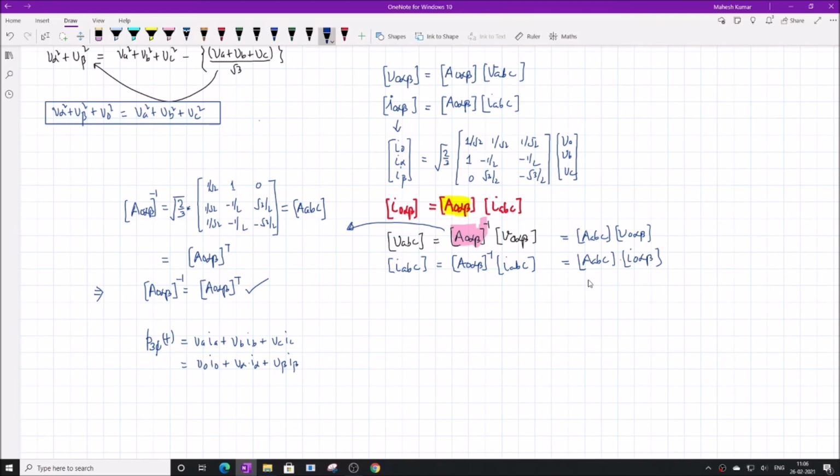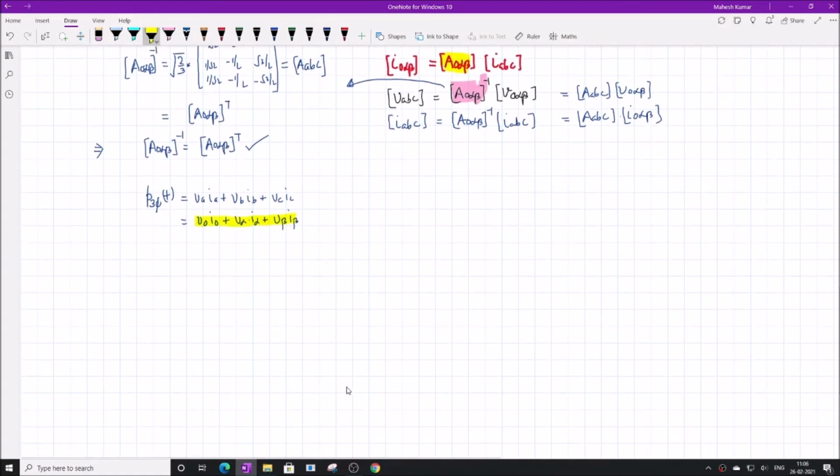Okay, so if I take alpha beta, if I take this expression, I want to prove back that this is equal to VA into IA plus VB into IB plus VC into IC, then we can start with this itself. So this is actually called as inner product of voltage and current vector.